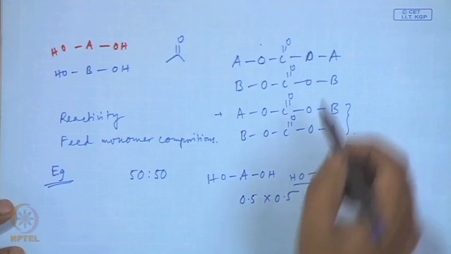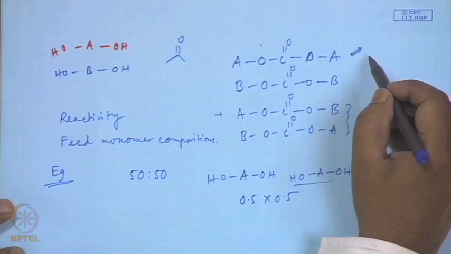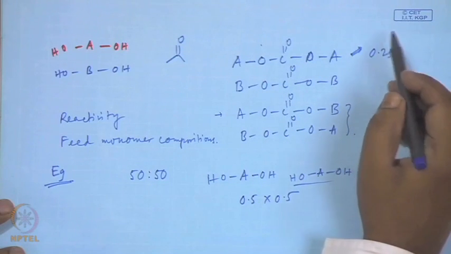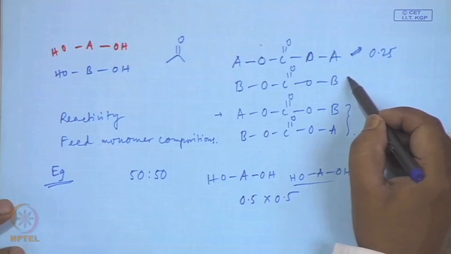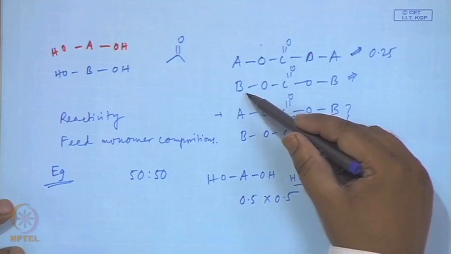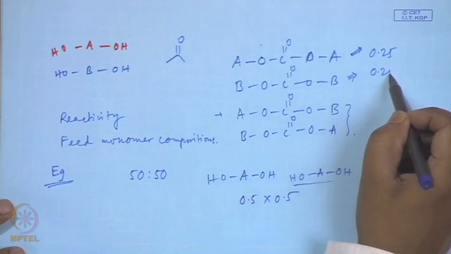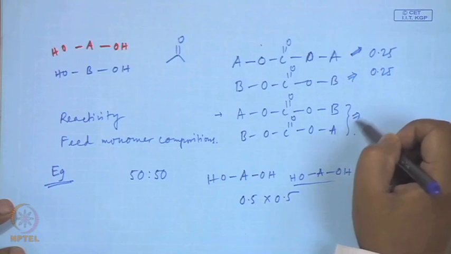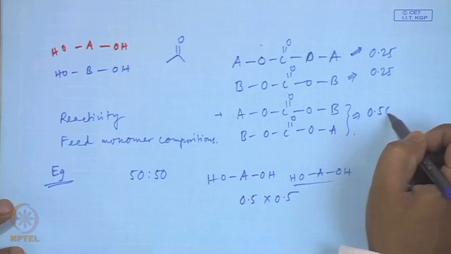So the chance of this carbonate linkage forming is 0.25 for a 50-50 feed ratio. Similarly, the chance of the BB type linkage is again 0.25, and individually the two AB types are 0.25 each, so together they get 0.5.